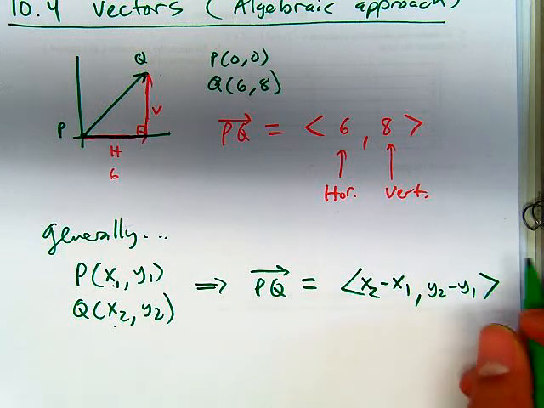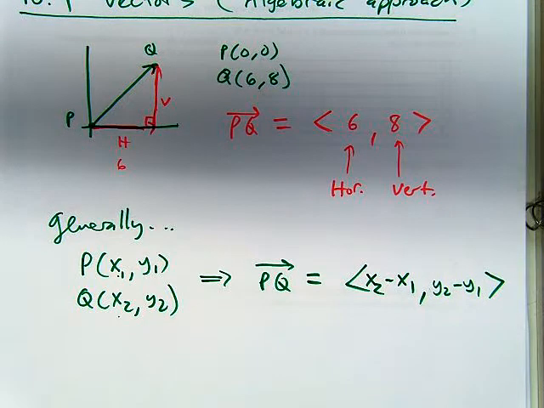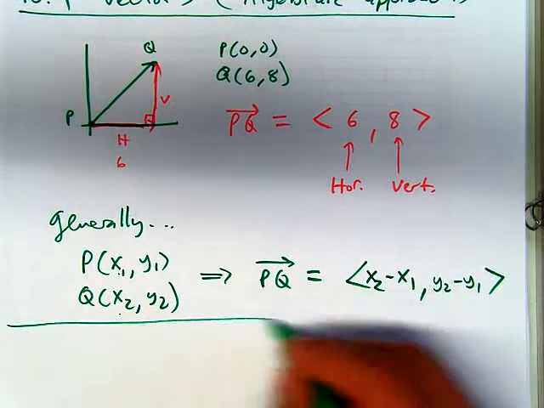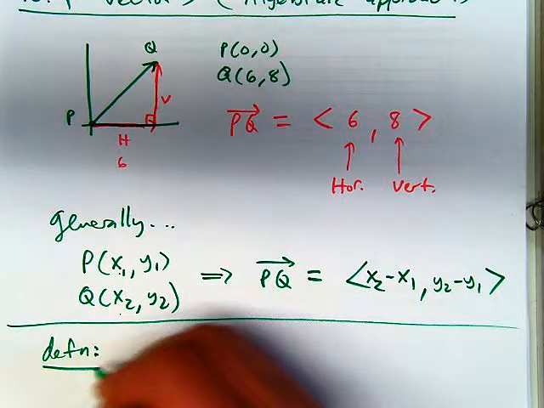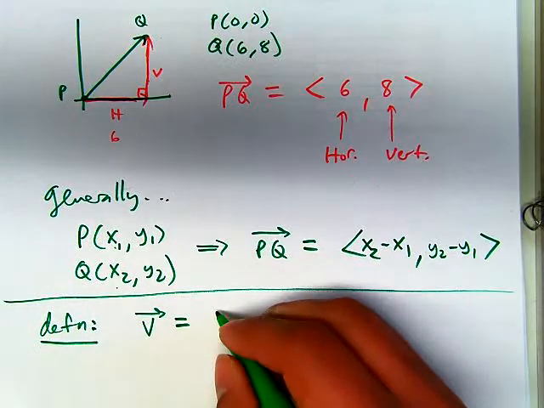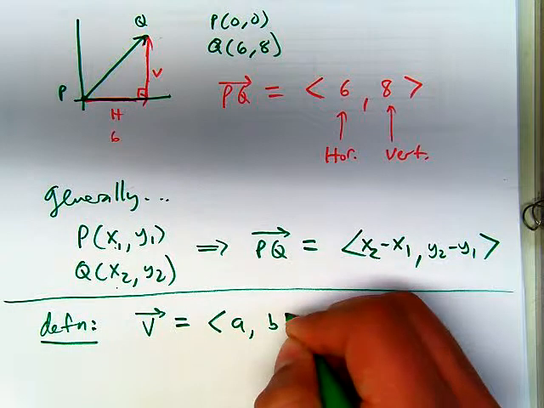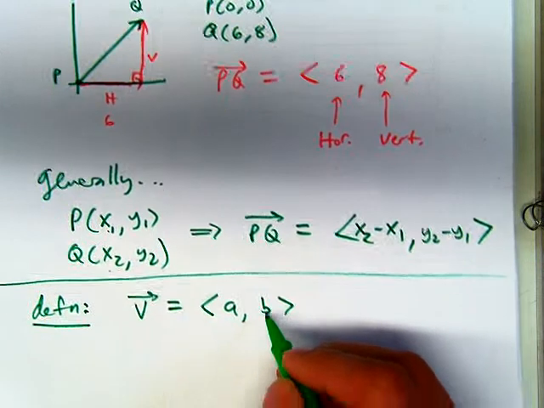Okay. Now, in addition, here's another helpful tip or definition. Let's say a vector V has components (a, b). So the horizontal is a and the vertical is b.